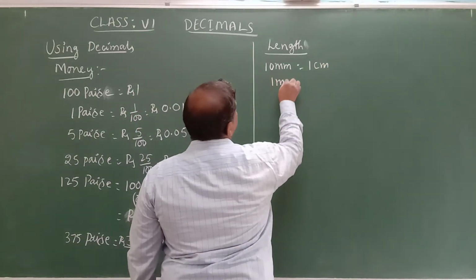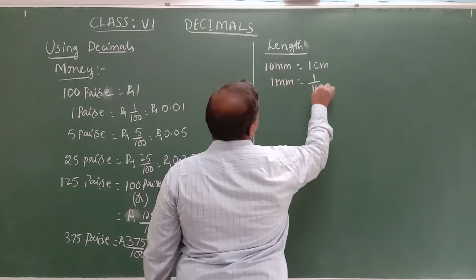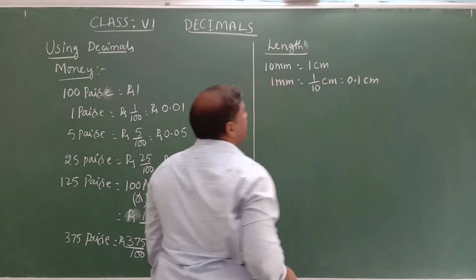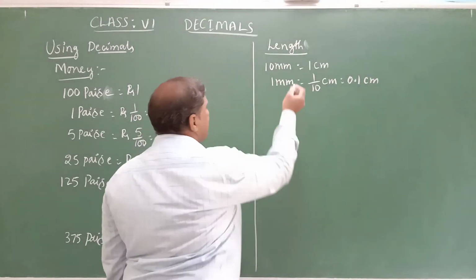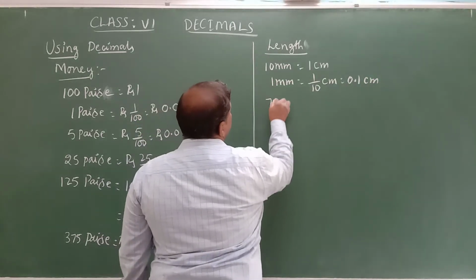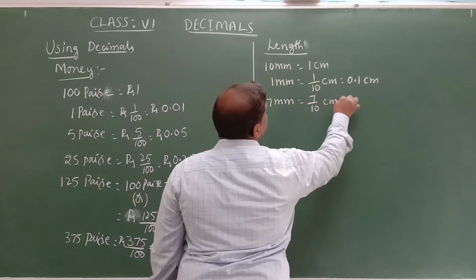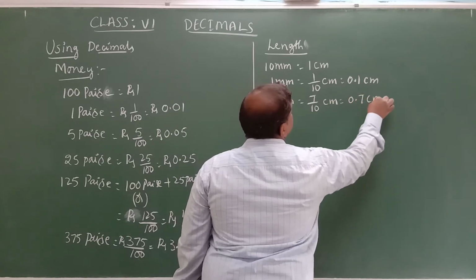Now 1 millimeter is equal to 1 by 10 centimeter, that is 0.1 centimeter. Similarly, 7 millimeters is equal to 7 by 10 centimeter, that is 0.7 centimeter.